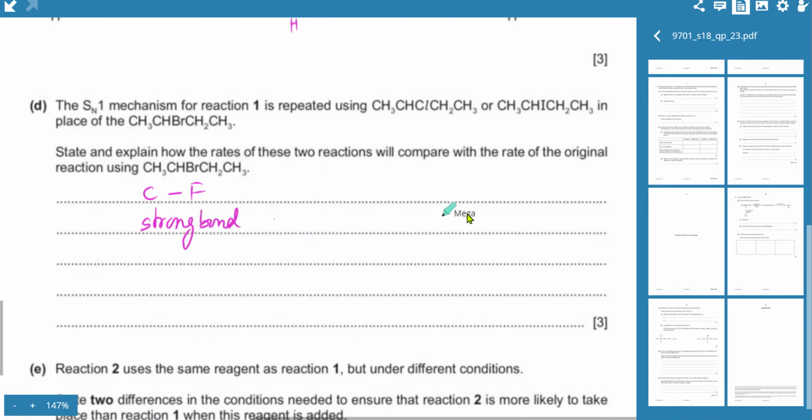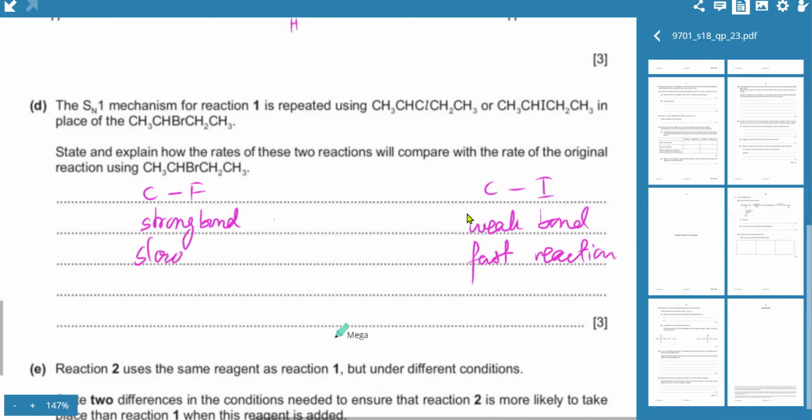Small atoms always form strong bonds. But on the other hand, if you have I, it is a big atom. That's a very weak bond, so it easily breaks and it has a fast reaction. So this is exactly what you're going to write. And this one is going to be a slow reaction.